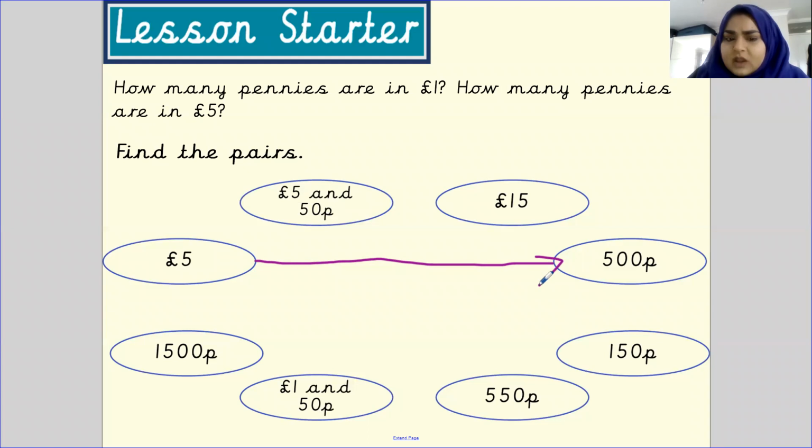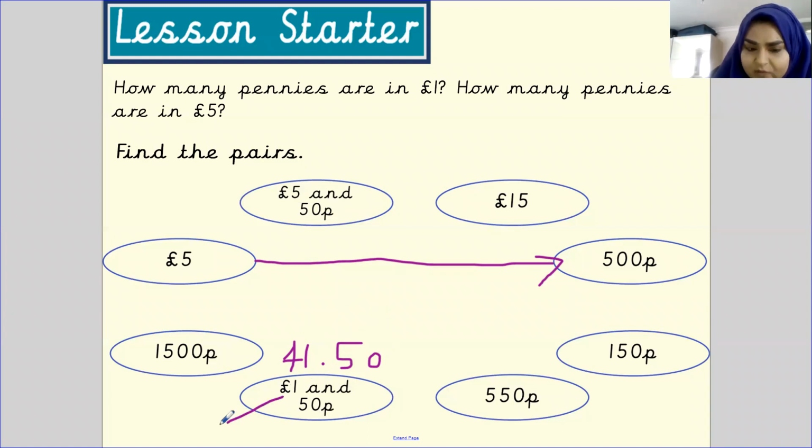Fantastic. So now, how much do you think £1.50 has? If £1 is 100 and 50p is already 50 pennies because it's already pennies, how many pennies do I have altogether?